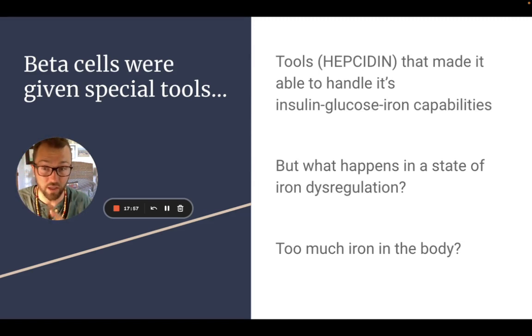So if it is not handled correctly, there are dire consequences, right? So what happens in a state of iron dysregulation when the beta cells have hepcidin, and do they know what to do? And what happens if there's too much iron in the body, where, like I was just mentioning, that excess iron starts to run the show?